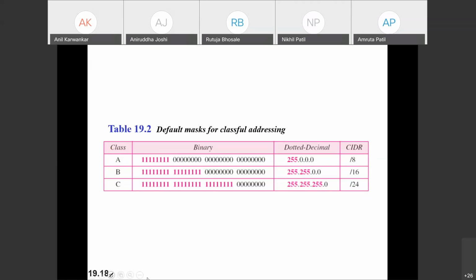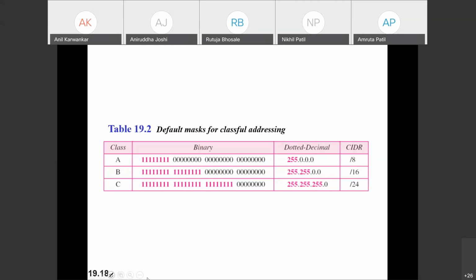So it will be classless inter-domain routing, CIDR, supported for class A, which will be provided with a mask. A mask is provided, that means all these bits will always be masked, and will not be allocated to any other terminal.